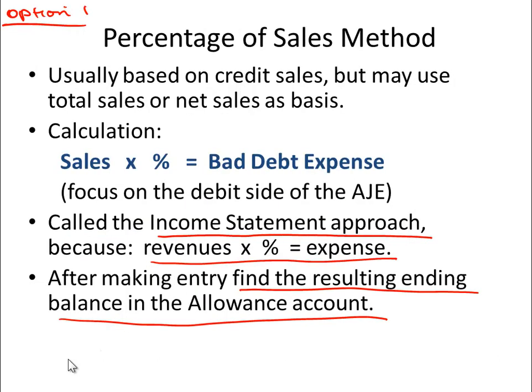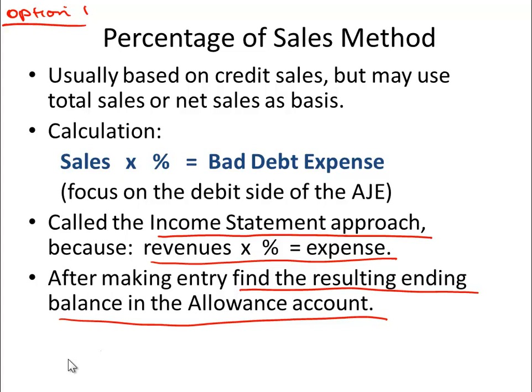All right, percentage of sales method, option 1. To get the bad debt expense for the year, that adjusting entry where we debit bad debt expense and credit the allowance for uncollectible accounts is just to take the amount of the sales times a given percentage, and that is the bad debt expense.